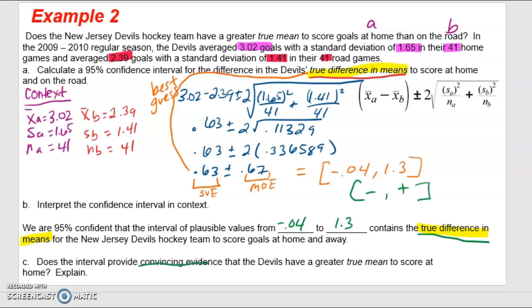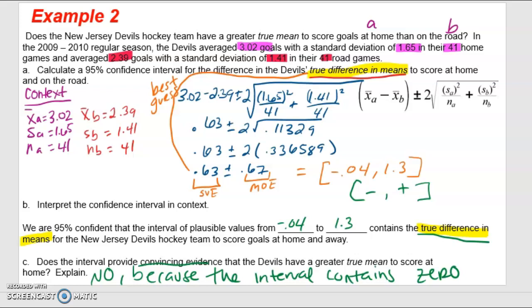Okay, for this final question, does the interval provide convincing evidence that they have a greater true mean to score at home? Explain. So here we have a negative to a positive value. So no, because the interval contains 0. Zero is a very important number when we're looking at evidence.